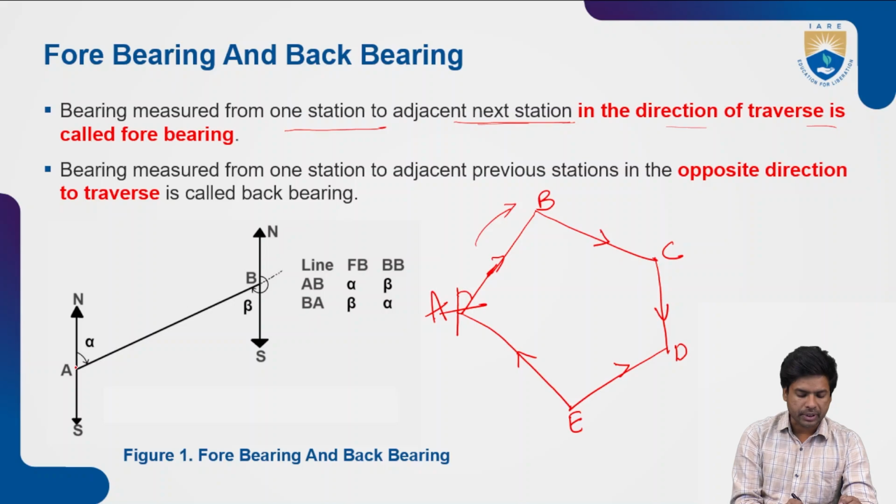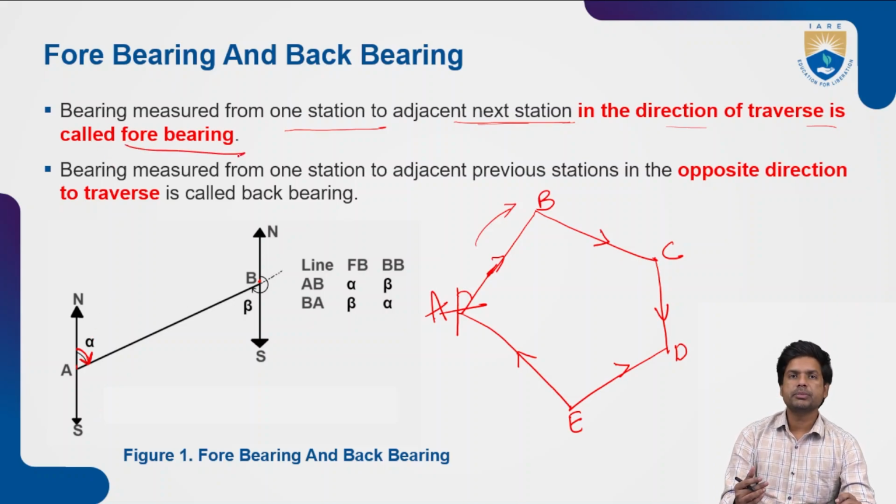Now coming to the forebearing, if you take two stations, A and B, represented here, when you sight station B from A, whatever angle is formed between these two lines from the north direction, this particular bearing is called a forebearing.